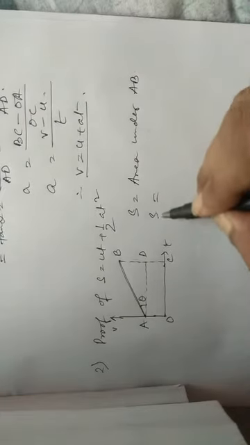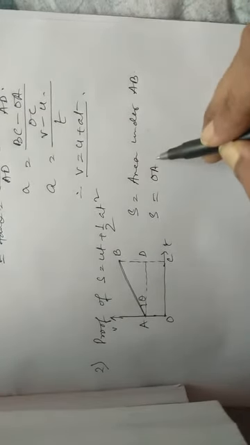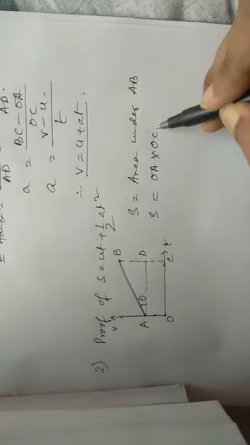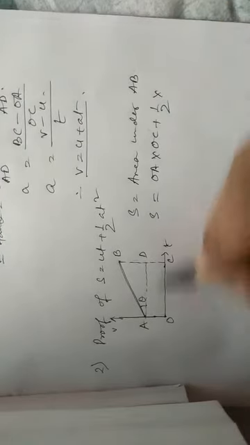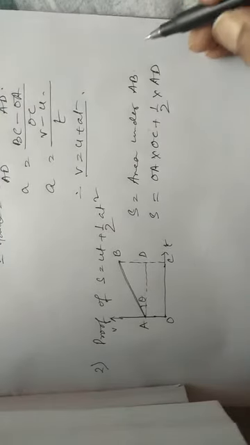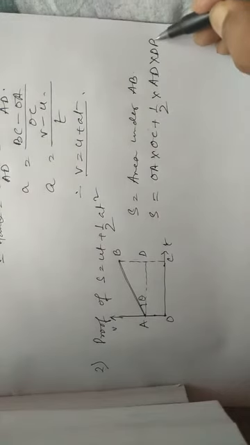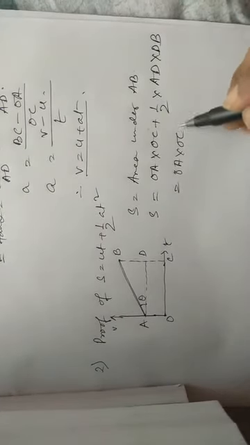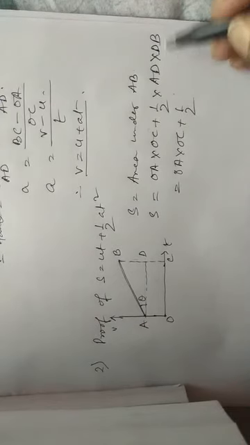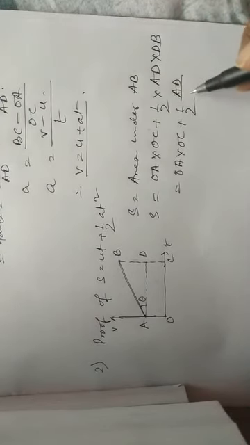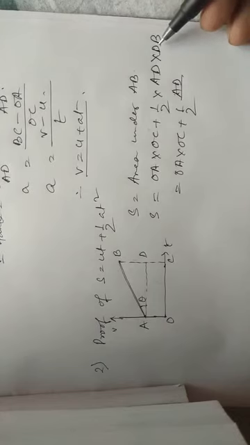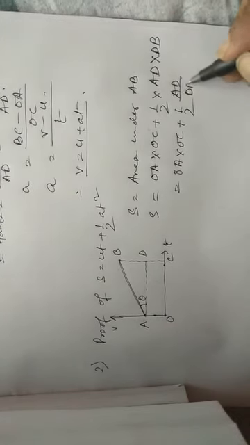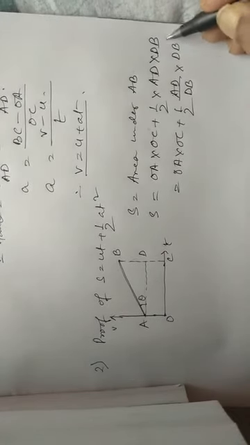So S is equal to area of rectangle, OA into OC, plus half for the triangle, half base AD into the altitude DB. Now OA into OC plus half AD, we can multiply DB in the numerator and also in the denominator, so it becomes DB square.